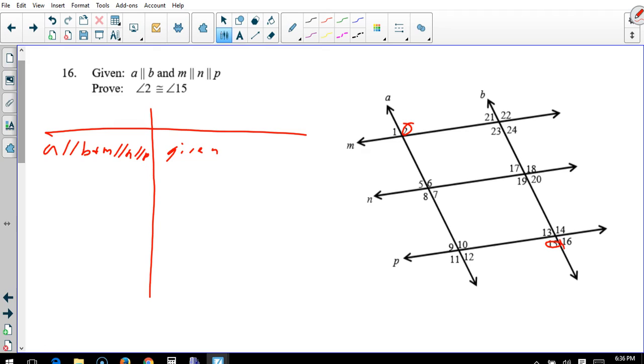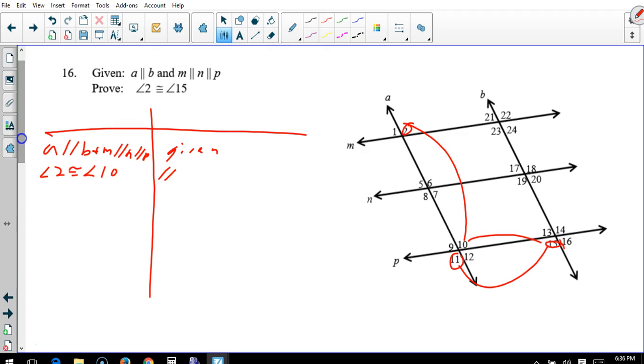We can go 2 to 11, alternate exterior, and 11 to 15 corresponding. Or we go 2 to 10 corresponding, and then alternate exterior. It's pretty much the same thing. It doesn't really matter. So I'm going to say angle 2 is congruent to angle 10. Okay?